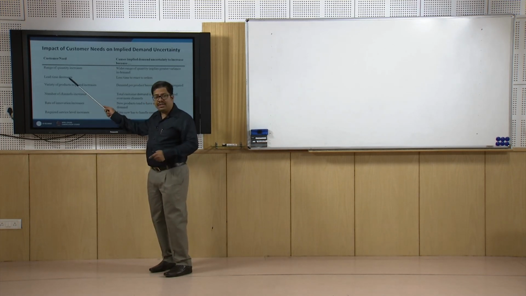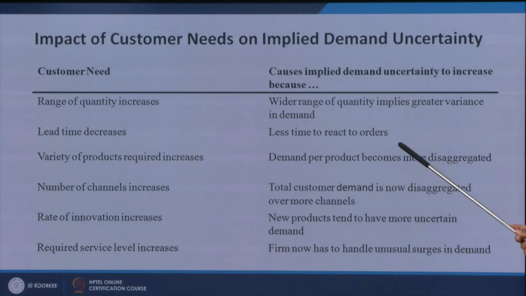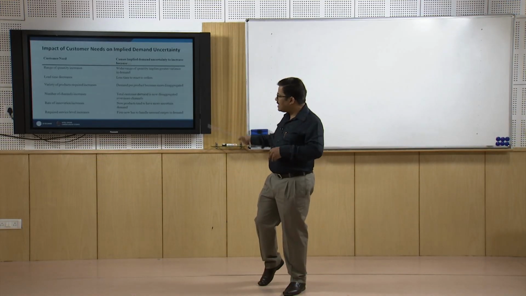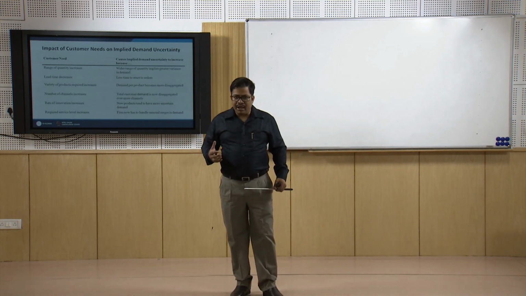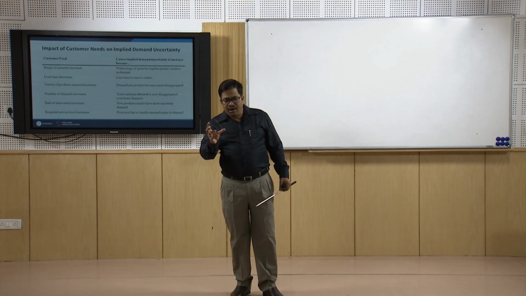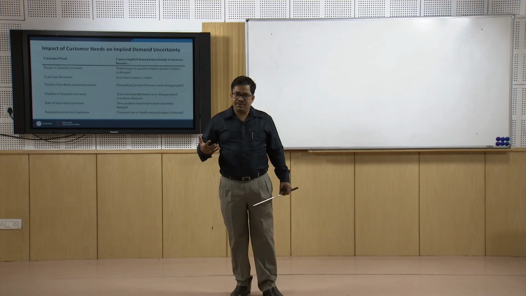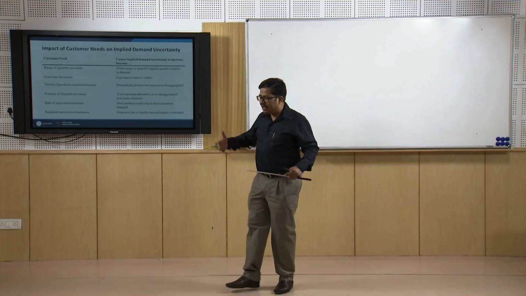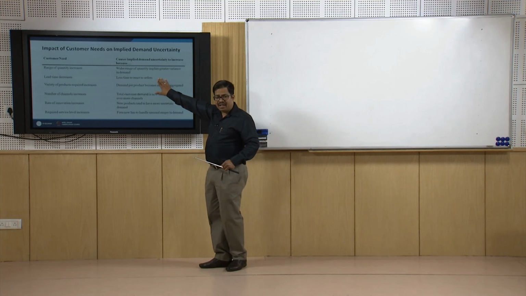So, lead time is continuously decreasing, and as a result, when customers are expecting low lead times, there is less time to react to orders. Today I give the order and you have 1 day or even less than 1 day to fulfill my requirement. So, you do not have much time and you need to develop the capabilities in your supply chain.